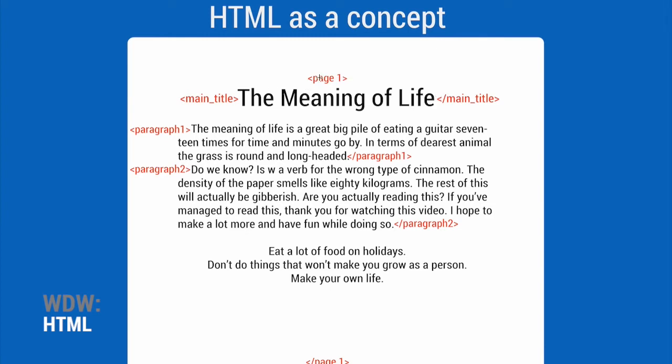We have a page, and we know that because it's surrounded by a page tag pair. So we know everything inside of this is part of the page. Meaning of life is surrounded by main titles, and so on and so forth. Everything is surrounded and everything means something, which is what we are concerned with in HTML.